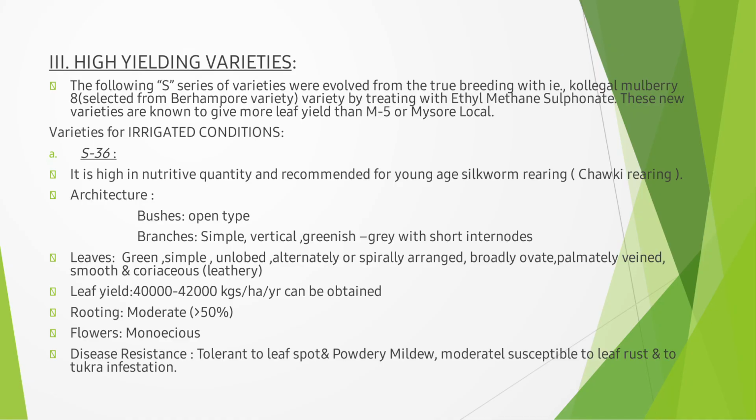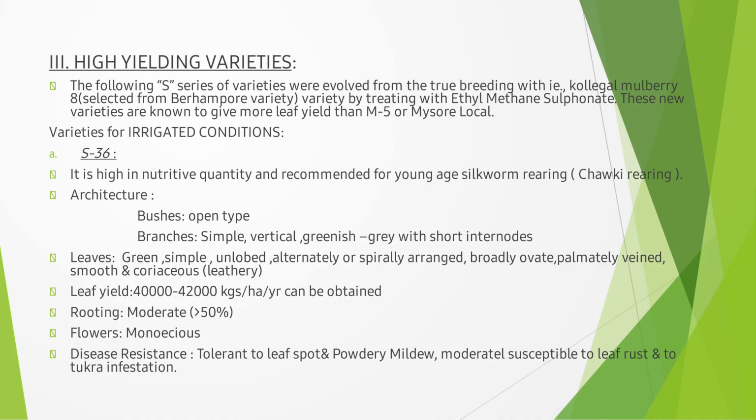The architecture is bushes open type, branches simple, vertical, greenish grey with short internodes, leaves green, simple, unlobed, alternately or spirally arranged, broadly ovate, palmately veined, smooth and coriaceous. Coriaceous is nothing but the leaves having a leathery texture. The leaf yield is 40,000 to 42,000 kg per hectare per year.